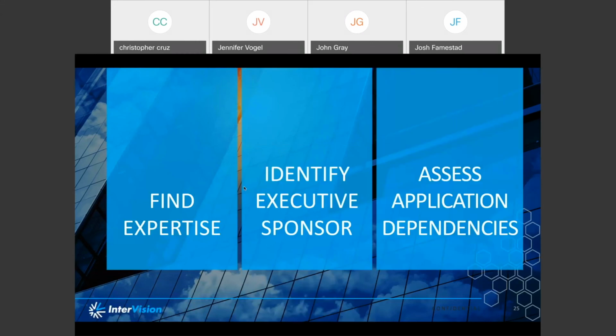So, kind of summing up again, to kick off and reignite your projects, get the right team together, and bring in outside help if it requires it, because a cloud migration is a project, and it's an additional workload.